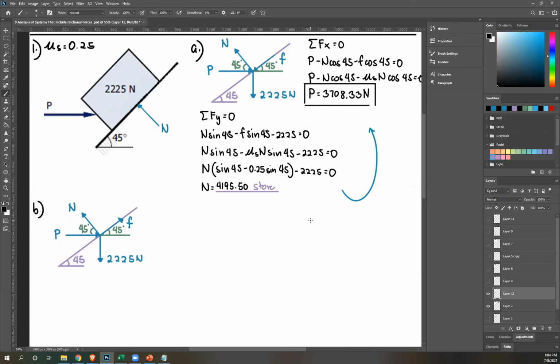Then now, same thing, create your equations. So let's start with summation of forces y equals 0.